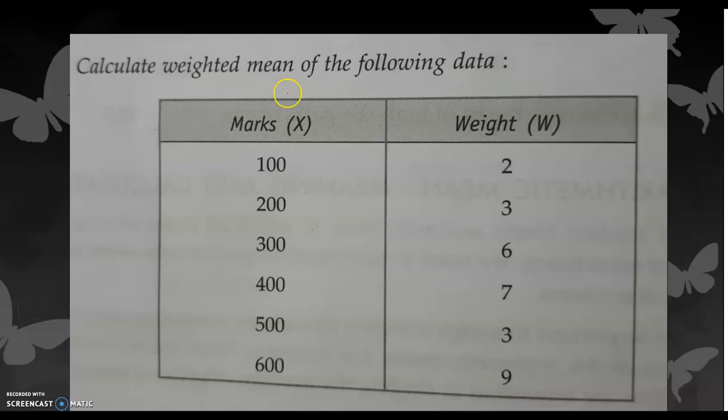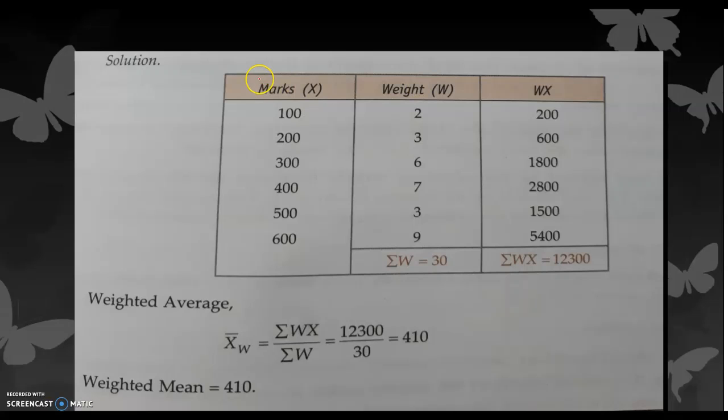By using the formula x bar is equal to sigma wx divided by sigma w, we have to calculate this weighted arithmetic mean. First we have to make a table with the given data. We write all the marks and weights, and by adding all these weights we get sigma w. 2 plus 3 plus 6 plus 7 plus 3 plus 9, we get 30.